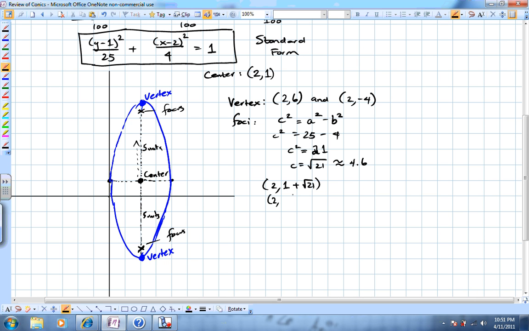And then for the bottom focus, 2, 1, I have to subtract the square root of 21. And again, just give the approximation using the calculator here. You can give me the approximation as 2 comma 5.6, 2 comma negative 3.6.